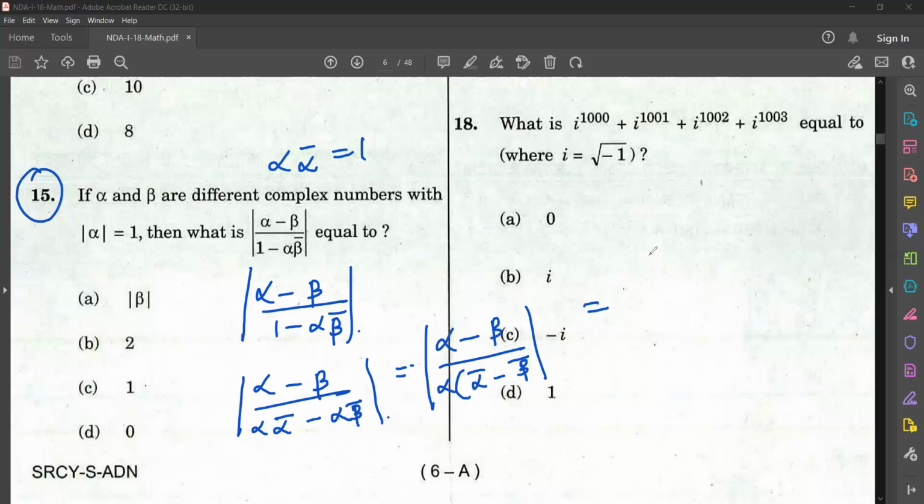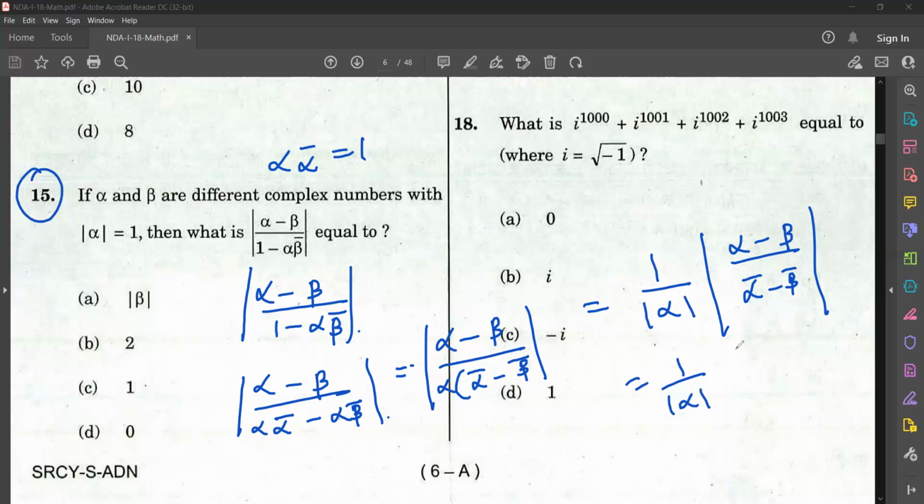So from this, I'm going to take 1 by modulus of alpha outside. Then what I have is alpha minus beta by alpha bar minus beta bar. So this I can write as 1 by modulus of alpha, modulus of alpha minus beta divided by alpha minus beta, the whole bar.